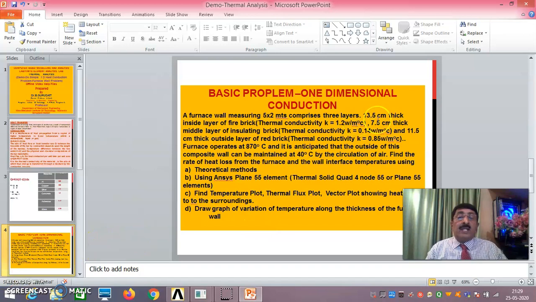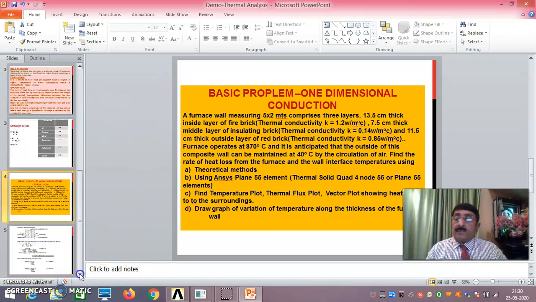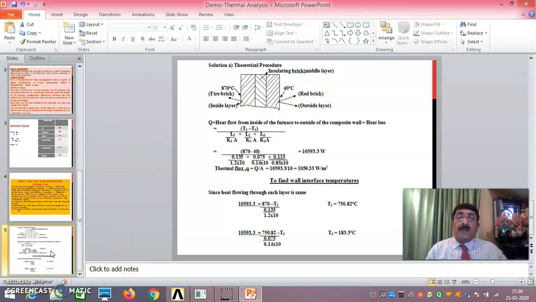Okay, see here, this you remember. Now here there are 3 walls. One has a thickness of 0.135, another has a thickness of 0.075 and another has a thickness of 0.115.